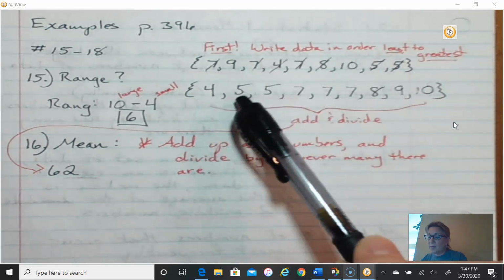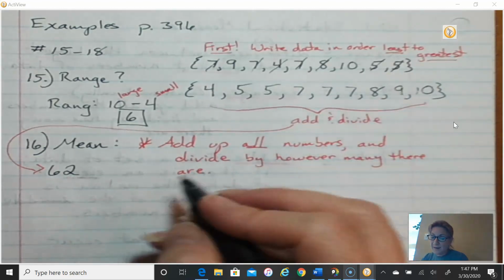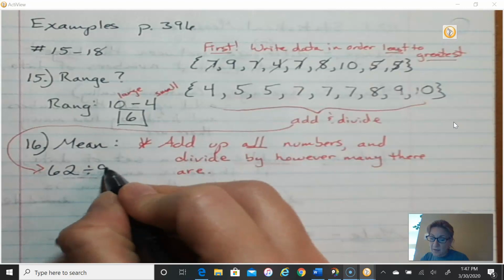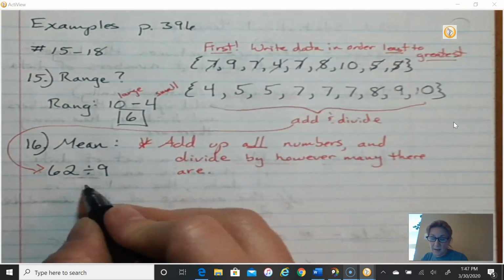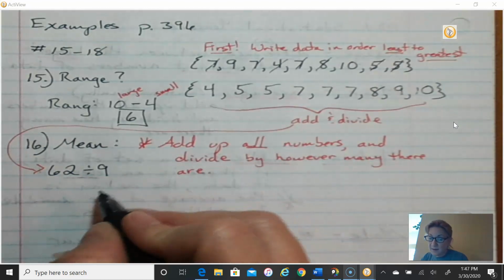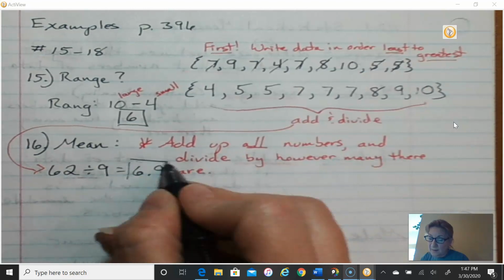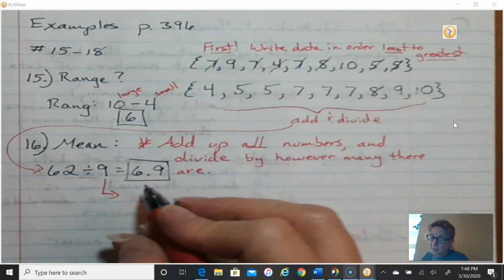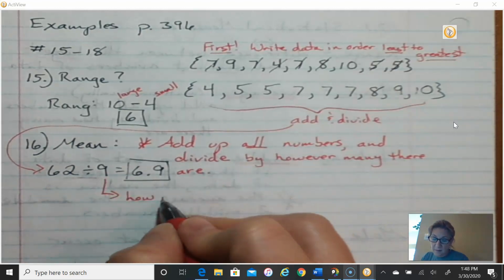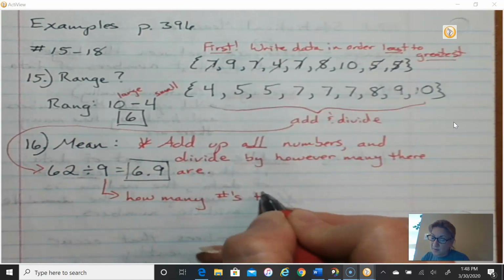Now, how many are there? If you count them, there are 9. So you're going to divide by 9. And you get 6.9. I'm going to write this here: how many numbers there are.